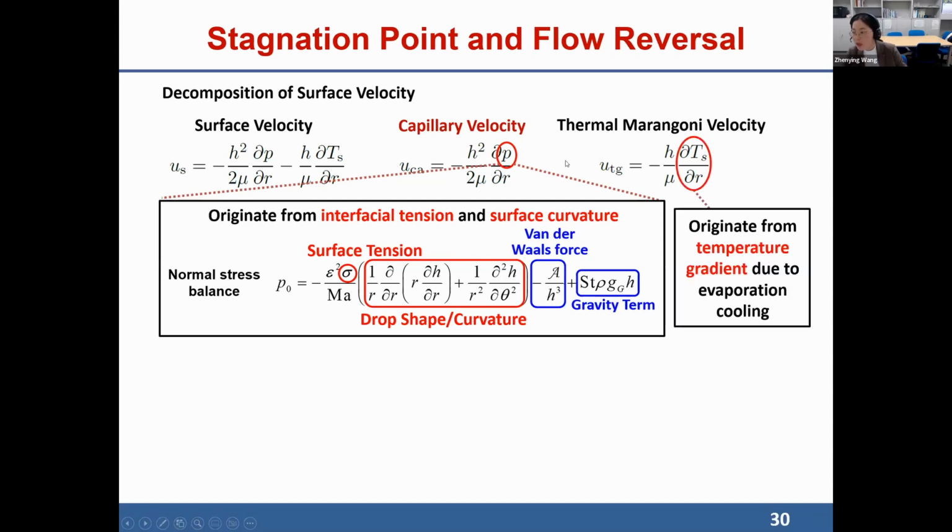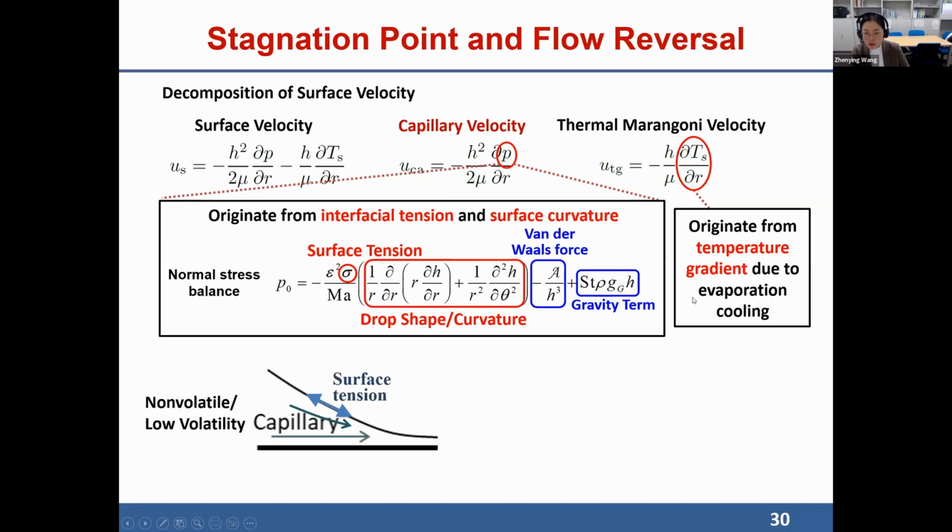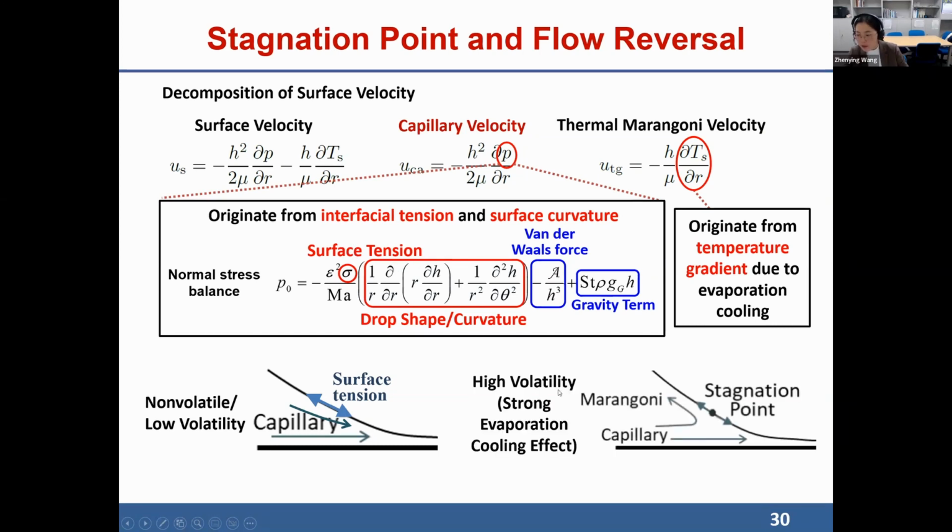And additionally, the thermal Marangoni velocity originates from the temperature gradient due to the evaporation cooling effect. For a non-volatile or low volatility droplet, the flow field is dominated by this capillary effect, which originates from the surface tension and the droplet curvature. If the droplet becomes volatile, there will be a strong evaporation cooling effect.